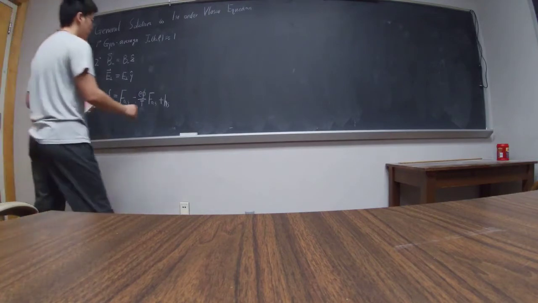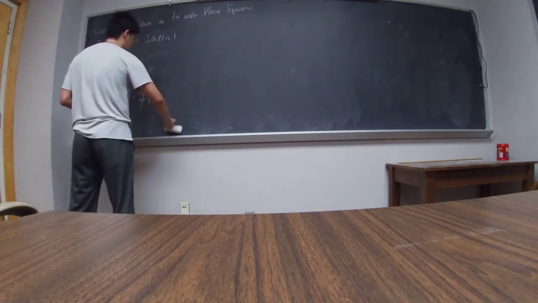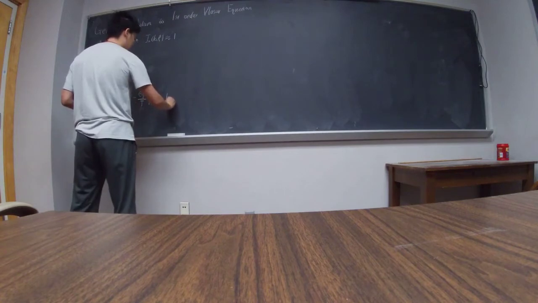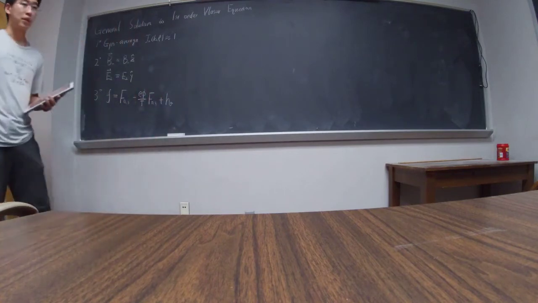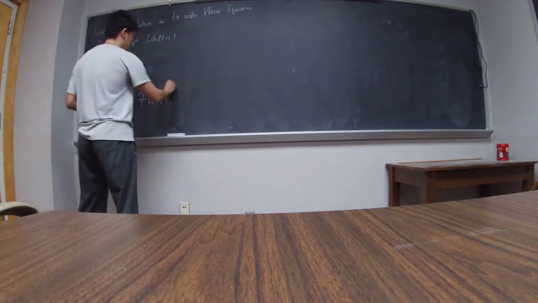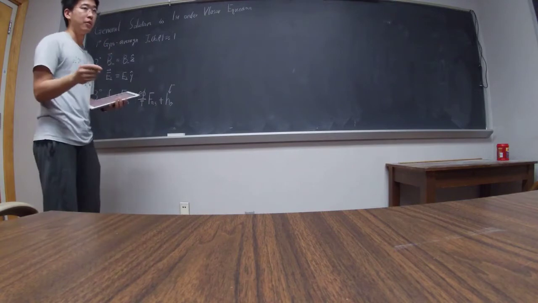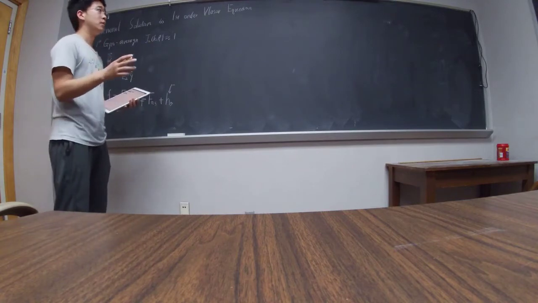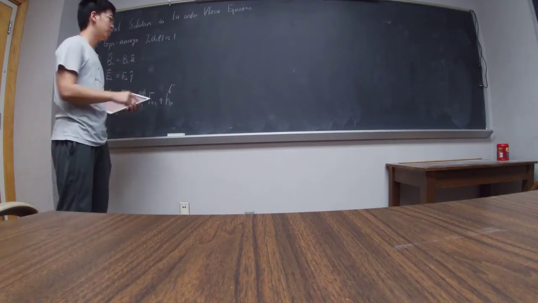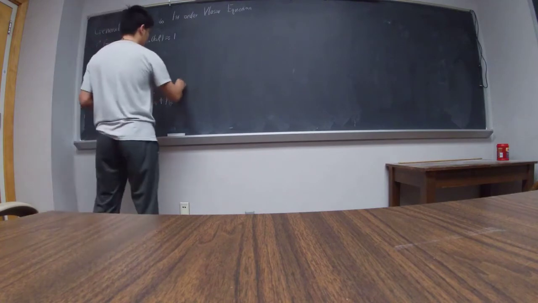Just a note for myself, the h s is the guiding center distribution, so you don't need to multiply J naught to that.